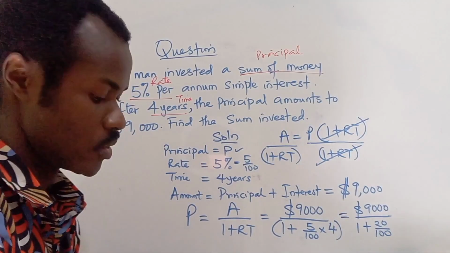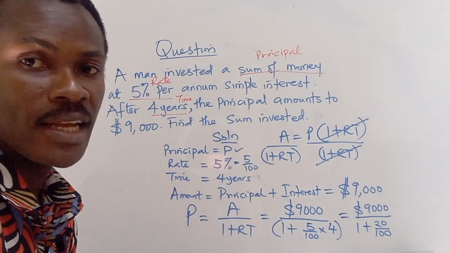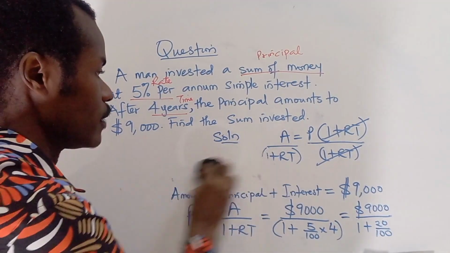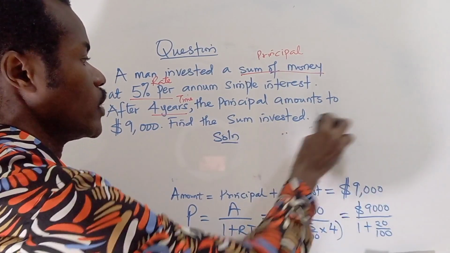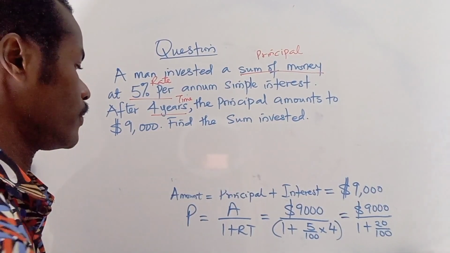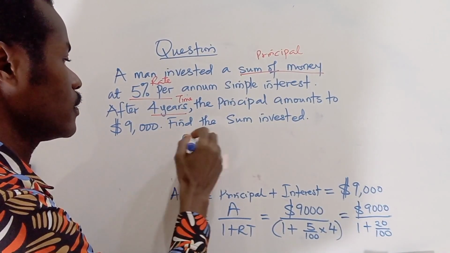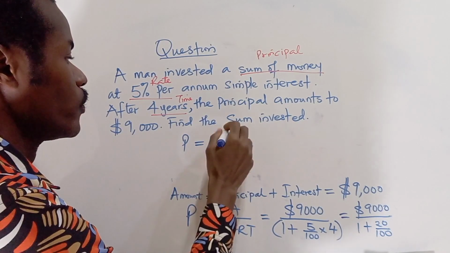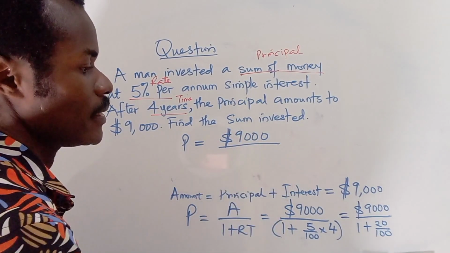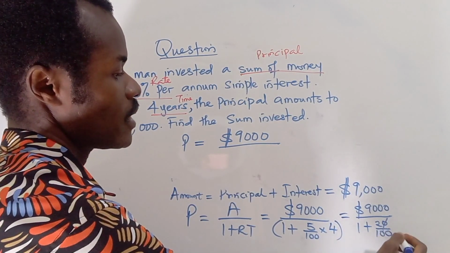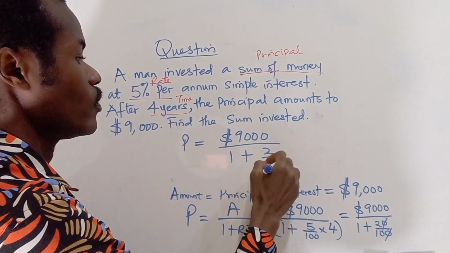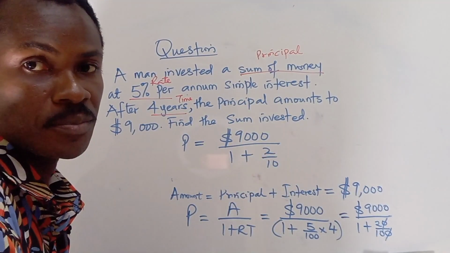Let's solve that further to see what the principal is. The principal is equal to $9,000 divided by, now this zero can cancel out this zero, so we have 1 plus 2 over 10.